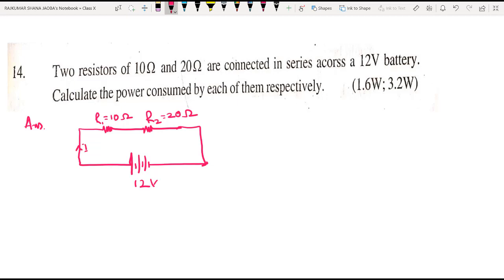Now the equivalent of R1 and R2 in series is R1 plus R2, that is 10 plus 20 equal to 30 ohms.